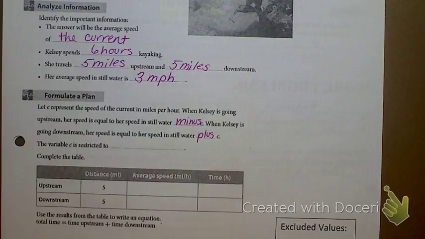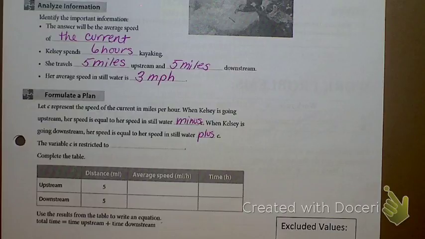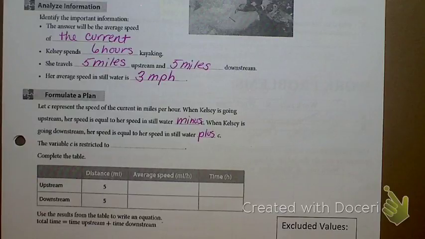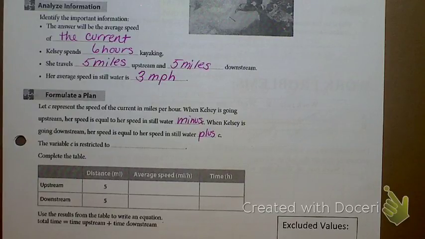If you've ever been on an airplane and gone somewhere in the United States-ish, they'll talk about the jet stream. Have you ever heard of that term? The jet stream. It's kind of the same idea as a current, that when you're flying, I can't remember what direction it goes, but when you're flying one direction, like if you're flying from here to Washington, D.C., you're going to have a shorter flight because the jet stream is helping the plane go faster.